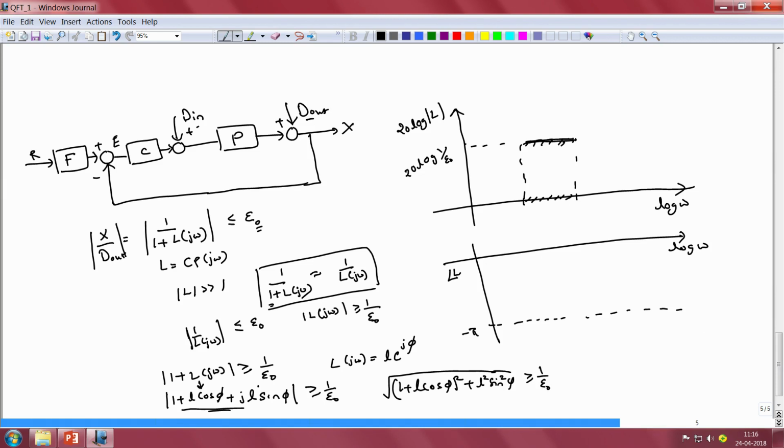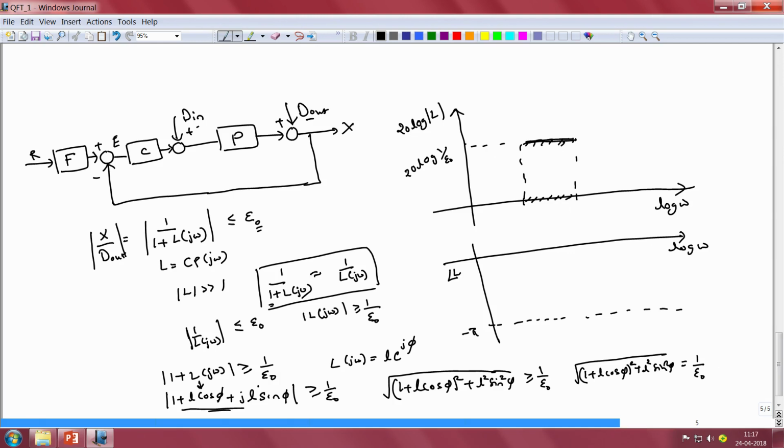Now, let us first consider the equality in order to determine the minimum permissible values of the loop gain that satisfy the specified performance requirement. So, if we consider only the equality and not the inequality, we would have square root of (1 plus L cos phi) the square plus L square sin square phi to be equal to 1 by epsilon naught.